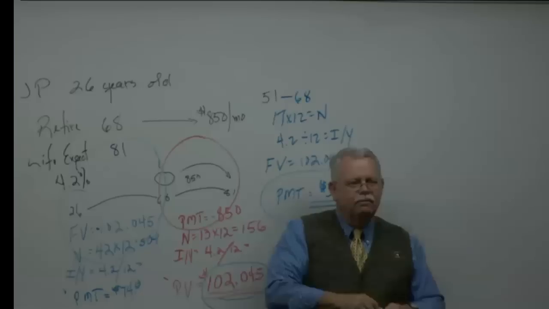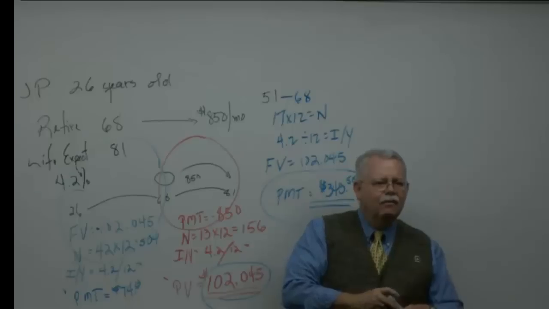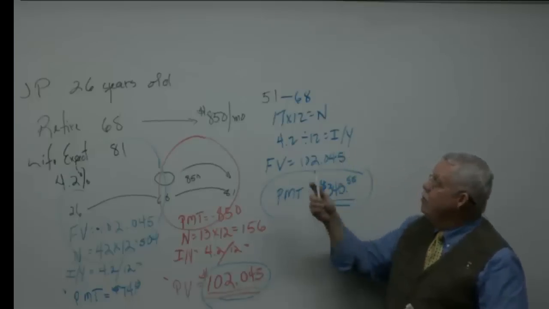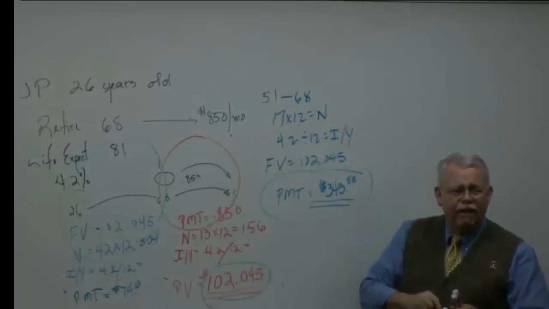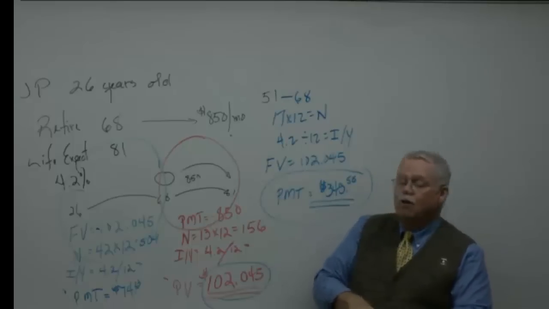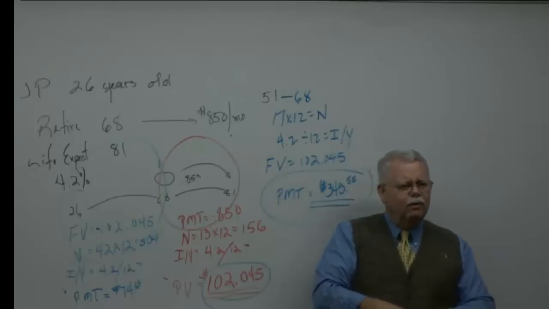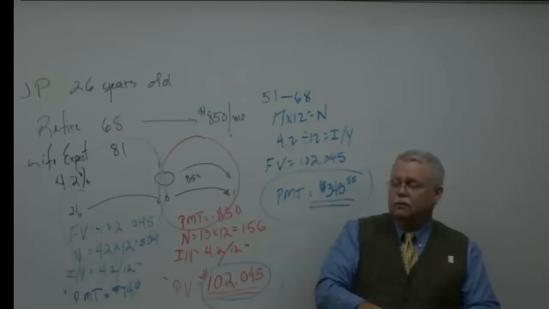Just so you know, $850 a month is the same as making an average of $4.90 an hour if you work a 40-hour week.